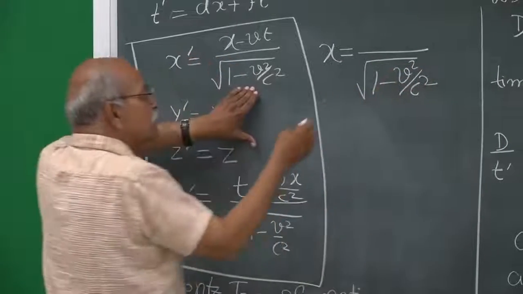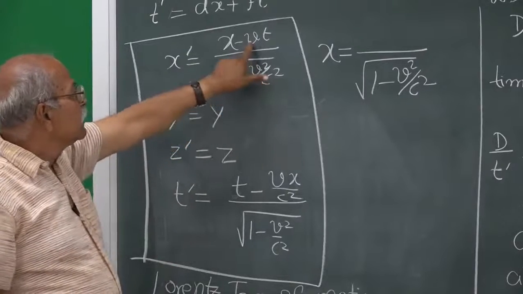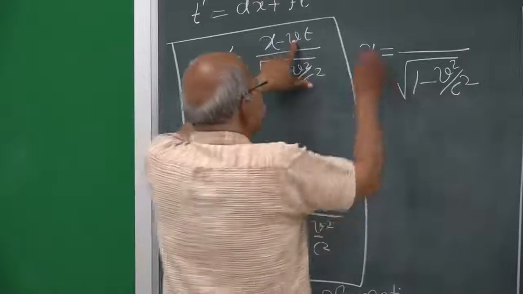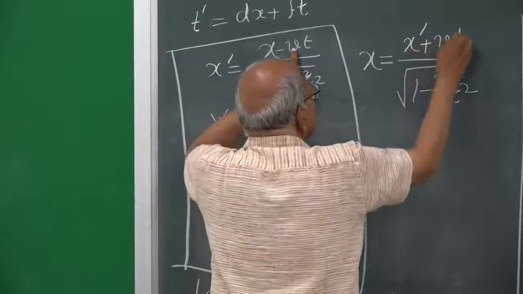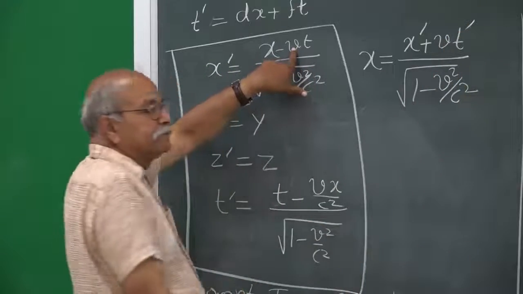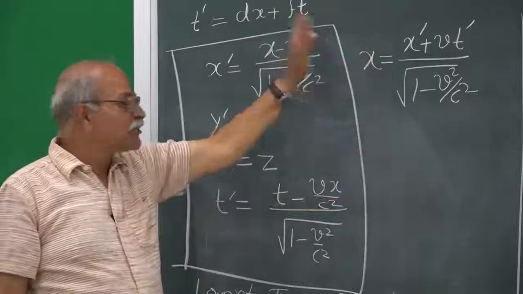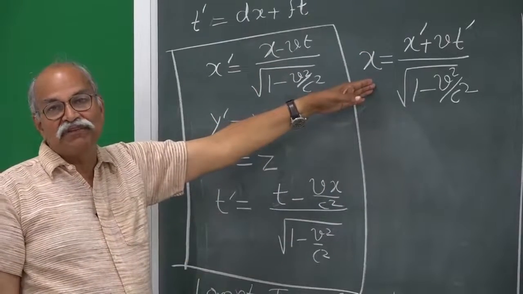When you put minus v in place of v, this does not change, but the minus v will become plus. So, it is x prime plus v t prime. Of course, I can do algebra and get it from all these equations, but it is simpler to use the principle of relativity.